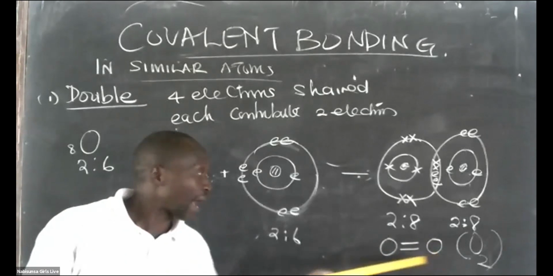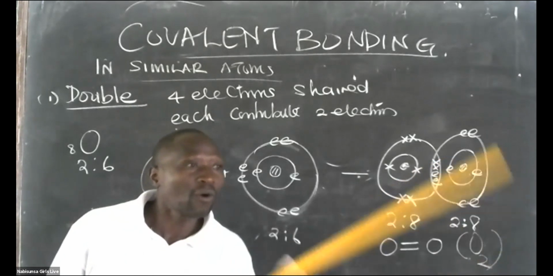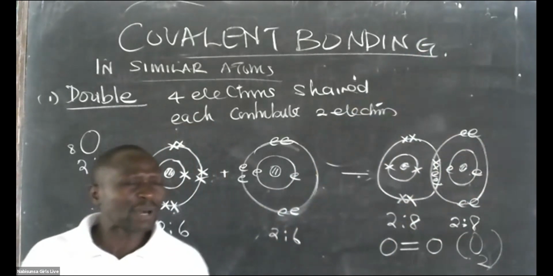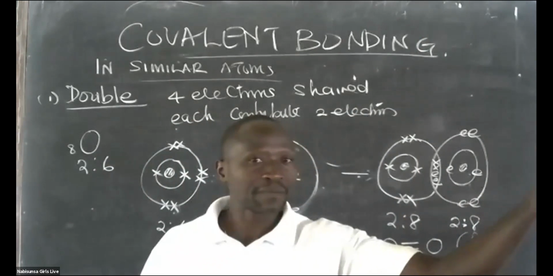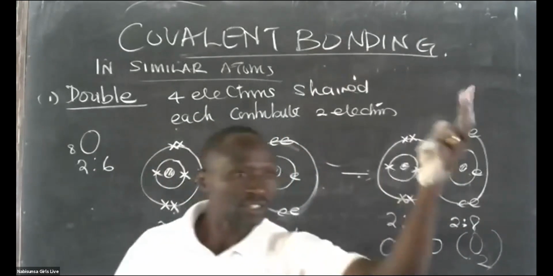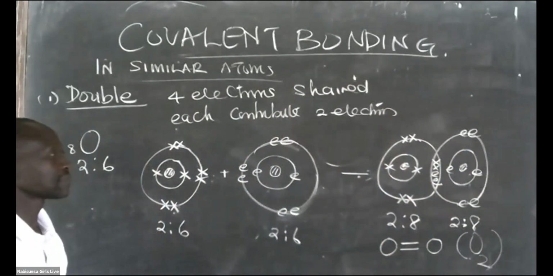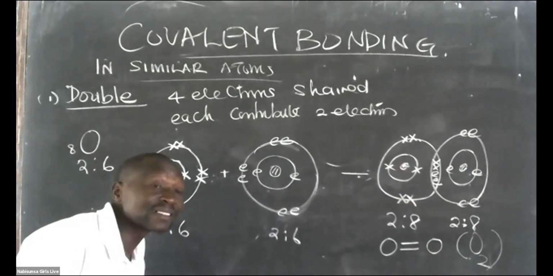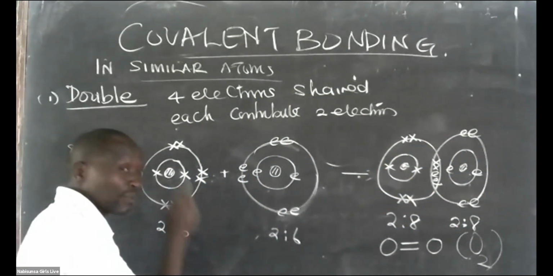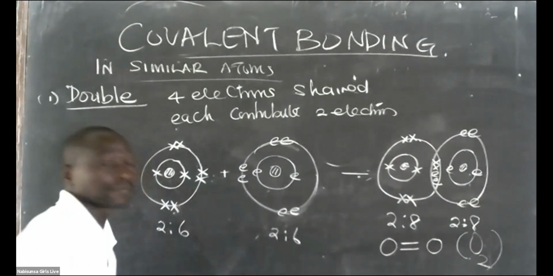The 2 atoms are held by a double covalent bond. Let me hear the words double covalent bond. It means 4 electrons shared and each is contributing 2. That is for oxygen, group 6. And for group 6, we use oxygen.